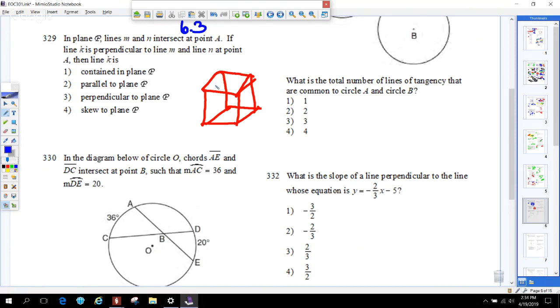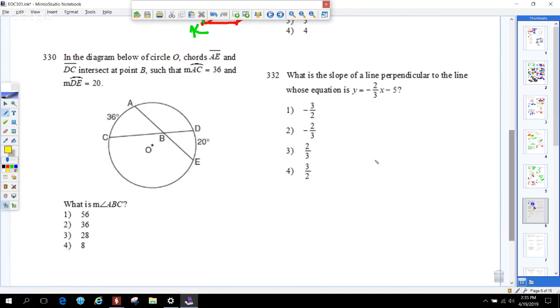And K is a line perpendicular to M and N, so I'm going to have this be line M and this be line N. And then it says K is perpendicular to both of these. Here's K. What do we know? Well, in order for it to be the case, we know that M and N have to be on the same plane. So that would be choice 3.